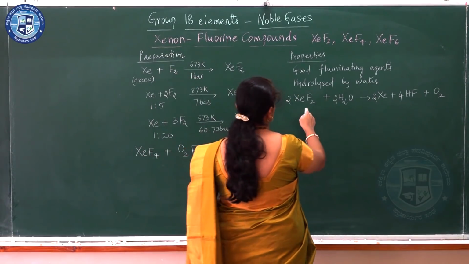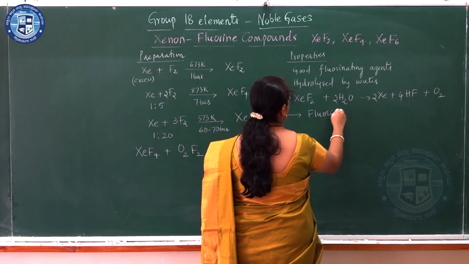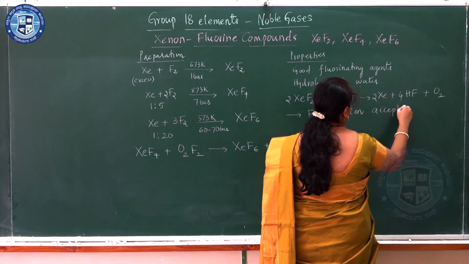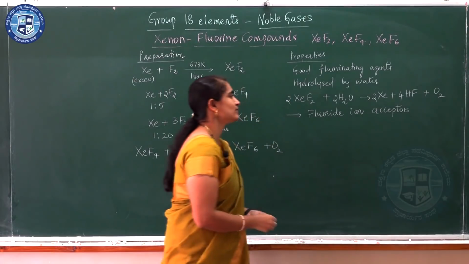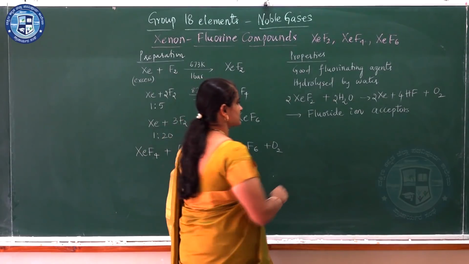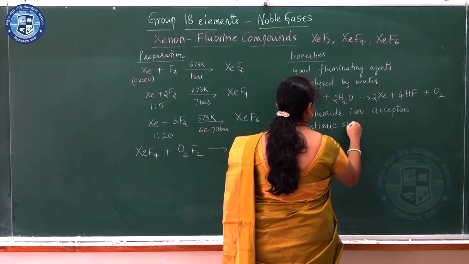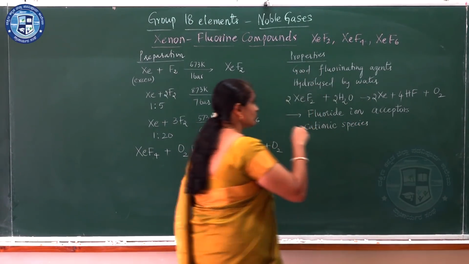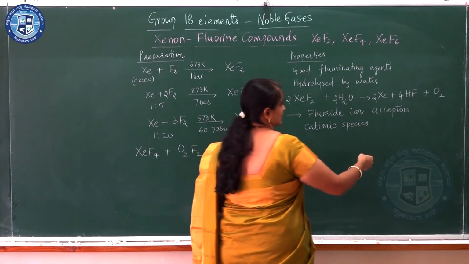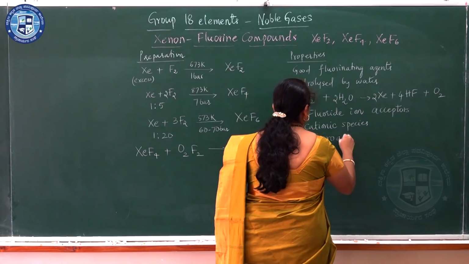And one more property told here is that they all react with fluoride ion acceptors, and we end up with 2 different species. One is a cationic species, and the fluoride ion donors form fluoro anions.